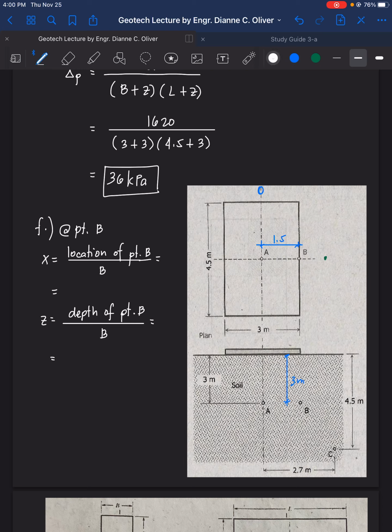So we put location 1.5, and the base is 3. Therefore, 1.5 divided by 3 is 0.5B. And Z, the depth of B, is 3 over 3, so we have 1B.